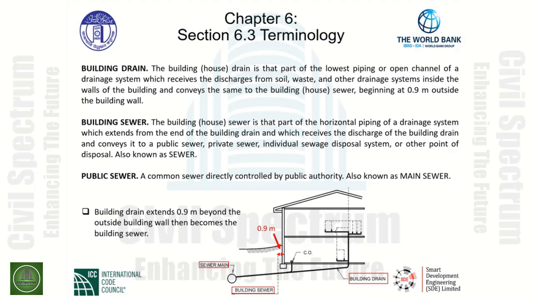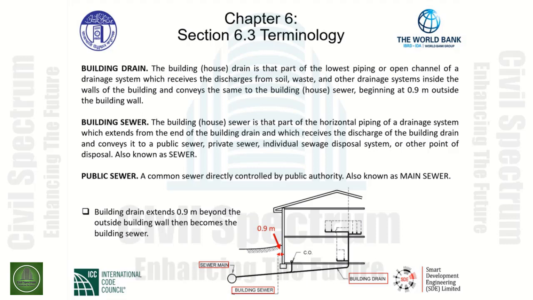It is defined as: the building drain is that part of the lowest piping or open channel of a drainage system, which receives the discharges from soil, waste, and other drainage systems inside the walls of the building and conveys the same to the building sewer, beginning at 0.9 meters outside of the building wall.